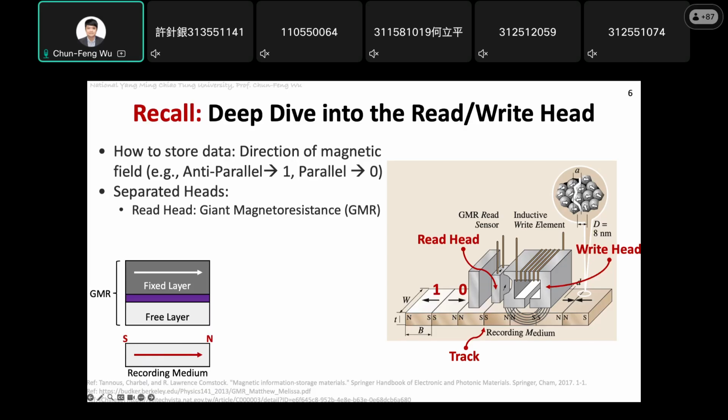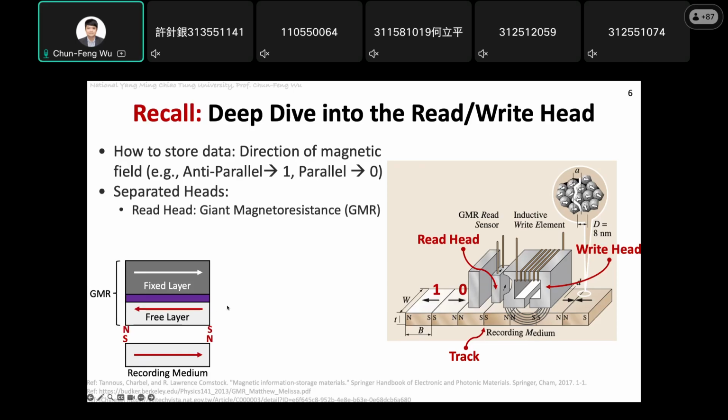When the GMR moves across it, the free layer will sense the magnetic field, and the free layer will show these directions: the left-hand side is north, the right-hand side is south.